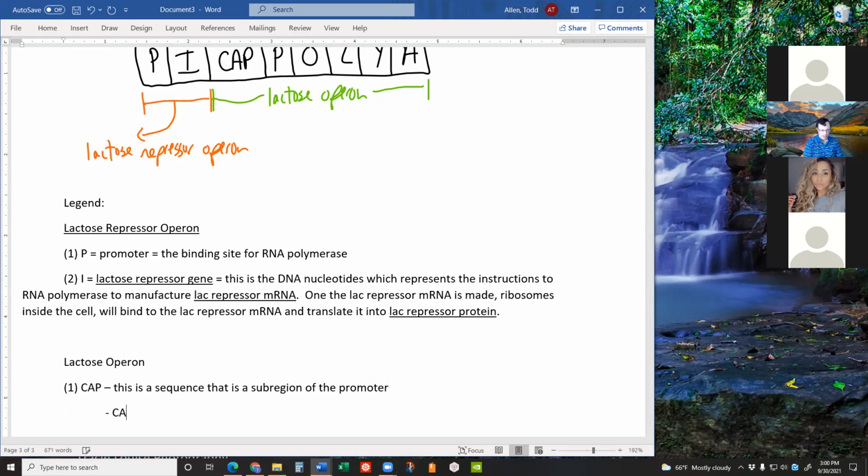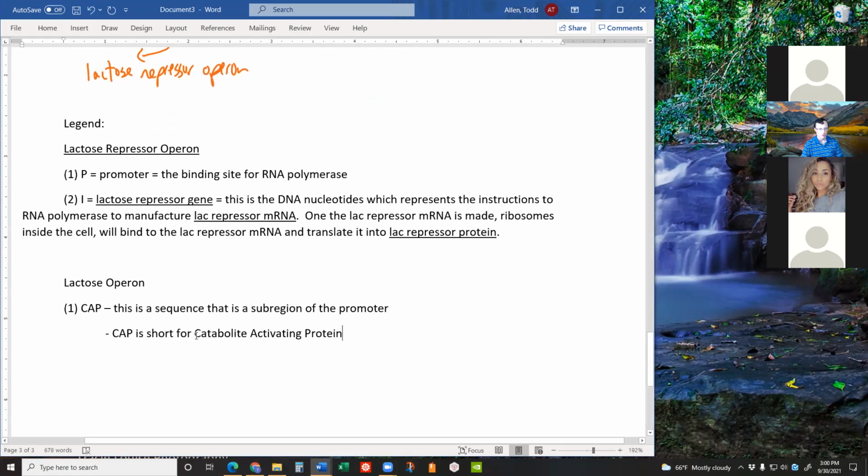Cap is short for catabolite activating protein, which I know I haven't told you about yet.